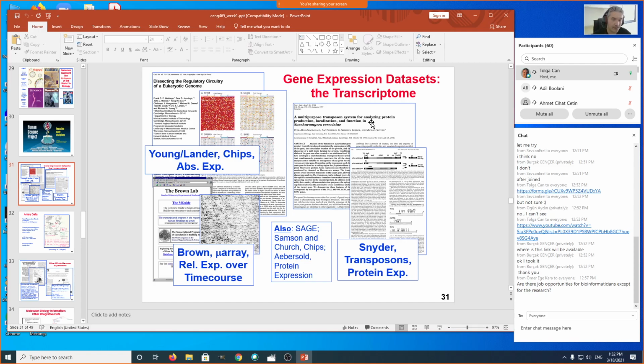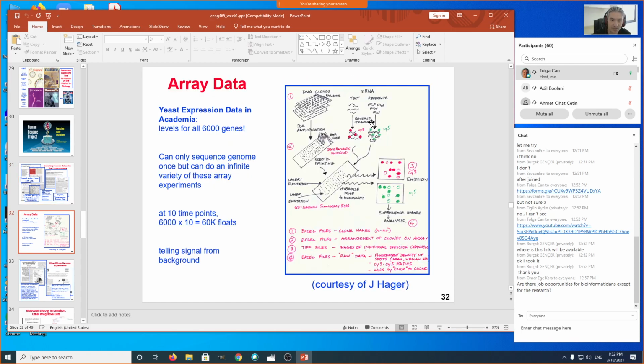And in a sense, when we have the messenger RNA, it means that it's translated into a protein. So we can query these things on a large scale, and that's gene expression data sets. We're going to talk about the details of these when we come to the corresponding week within the semester.